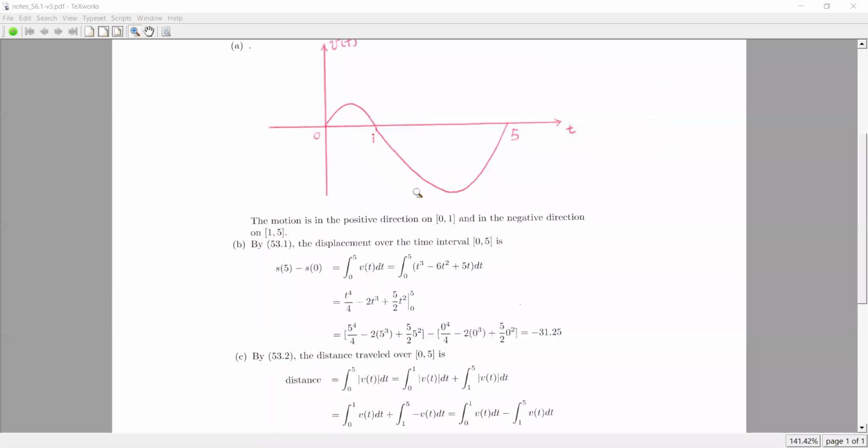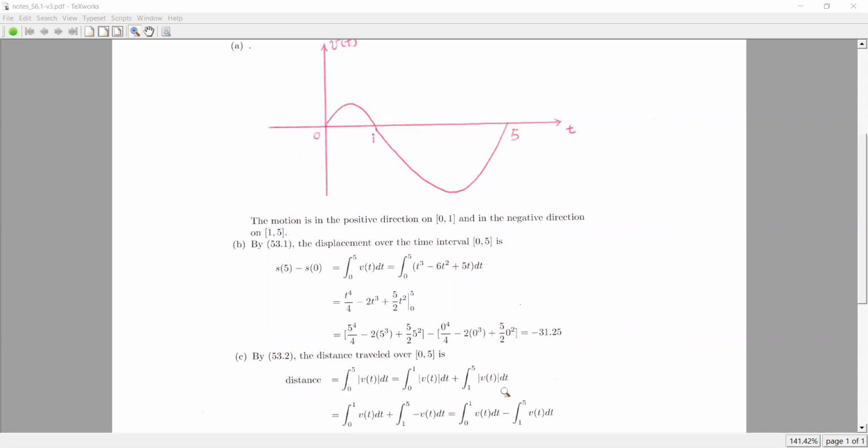From the graph of the velocity function, when time is between 0 and 1, velocity is positive. So in this integral, we can directly remove the absolute value to get this integral. About this integral, time is between 1 and 5. When time is between 1 and 5, velocity is negative.